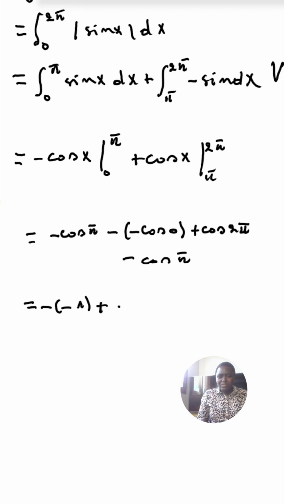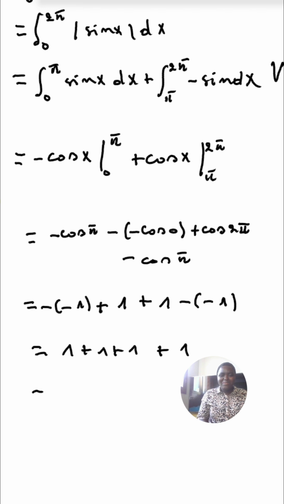Cosine of 0 is equal to 1 and plus cosine of 2 pi. Cosine of 2 pi is equal to 1 and minus times minus cosine of pi is equal to minus 1, like this. So this will give us minus times minus, this is 1, plus 1, plus 1 and plus 1, and this is equal to 4.